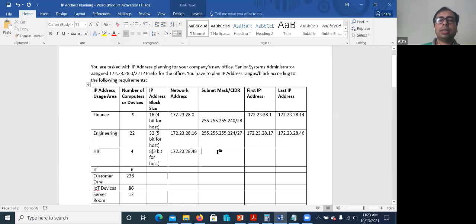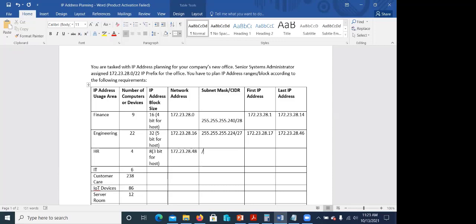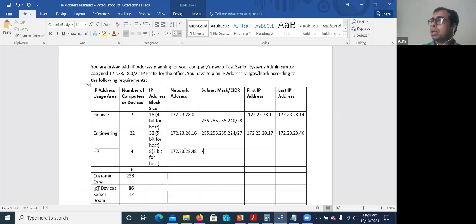Okay, in that case, what will be the CIDR length? 29. 29, right?